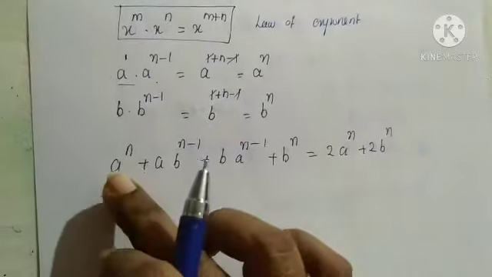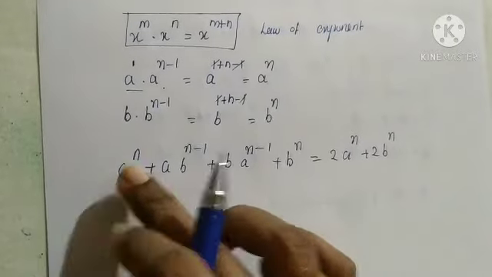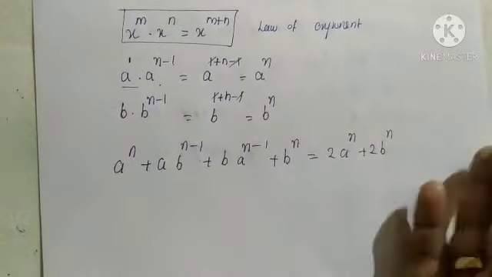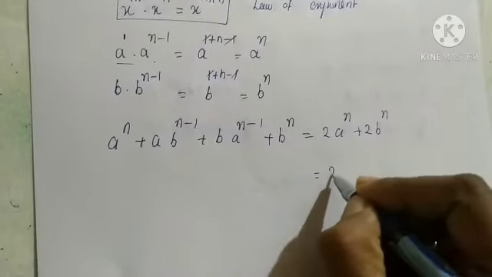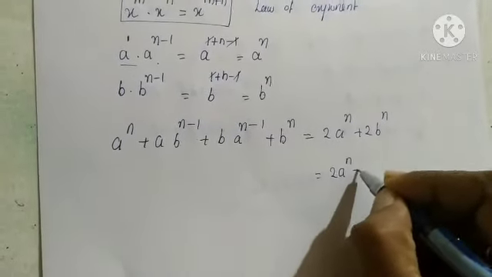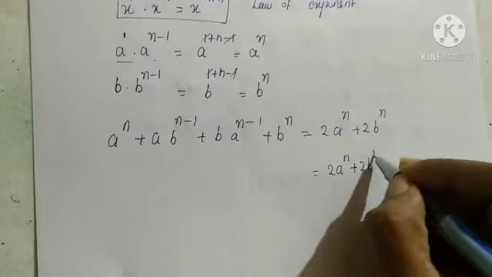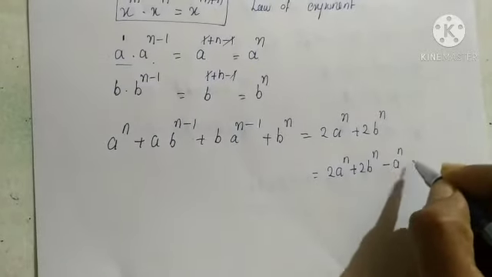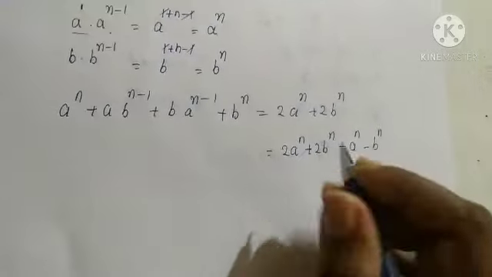Okay, so taking this a raised to n and b raised to n to RHS, it will become 2a raised to n plus 2b raised to n minus a raised to n minus b raised to n.